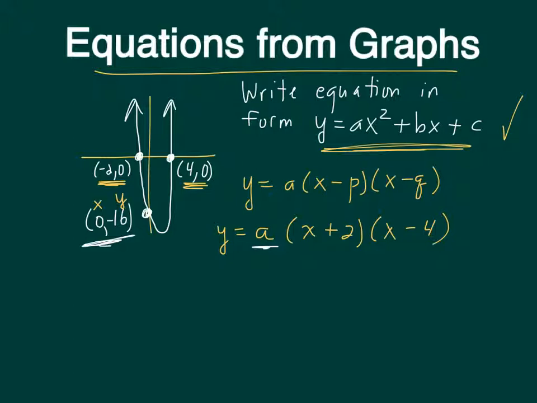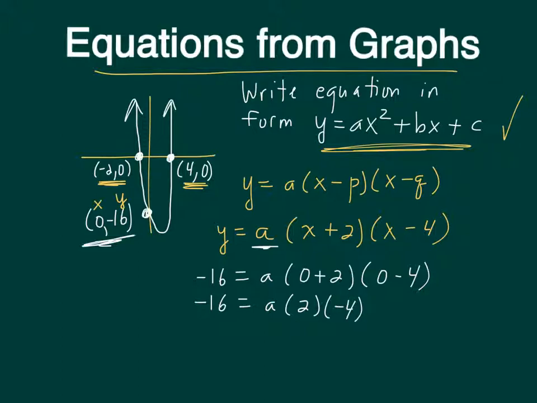So let's do that substitution. So after doing that substitution, we just do the algebra. Keep in mind this is a product all the way through. So -16 is equal to -8a. And when we divide that -8 over, we're going to end up getting a equals +2.